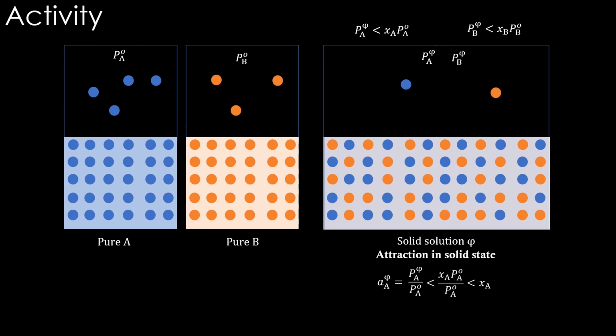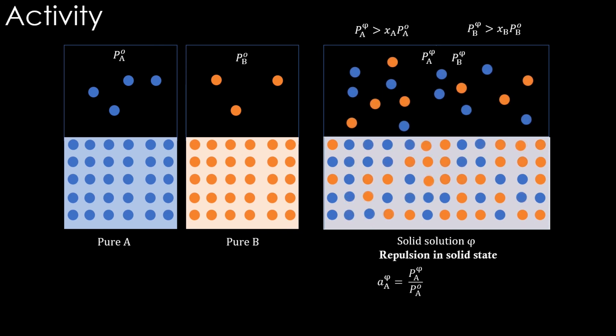Intuitively we can see that the vapor atoms are lesser, meaning the A and B attract each other in the solid state, therefore they don't come easily to vapor state, meaning they are less active. The activity is low. The opposite is true in non-ideal mixing with positive interaction. The activity of A here is more than the mole fraction of A.